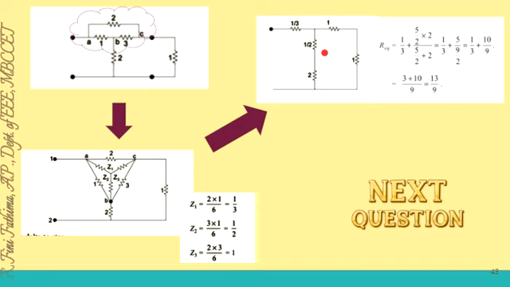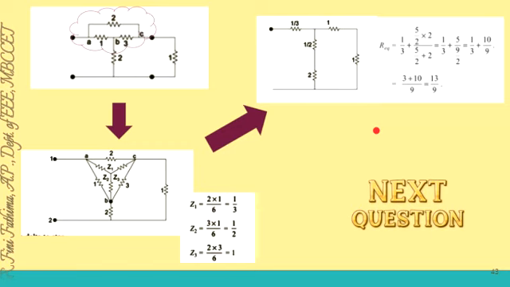So 5 by 2 into 2 divided by 5 by 2 plus 2, we solve for this parallel combination. This is in series with 1 by 3, so you add this and finally you will get the answer as 13 by 9.